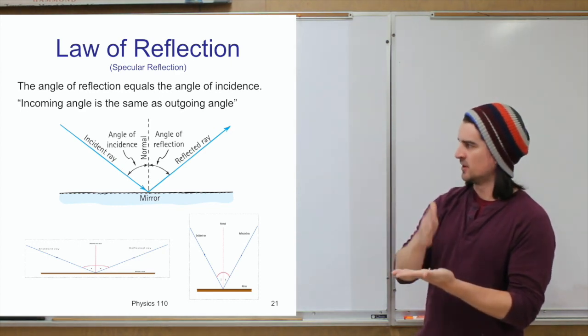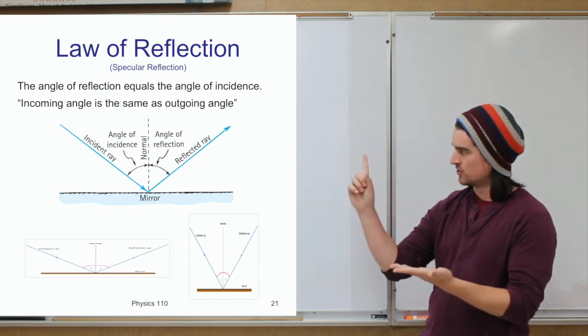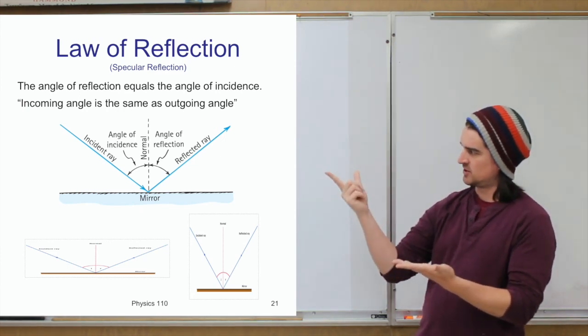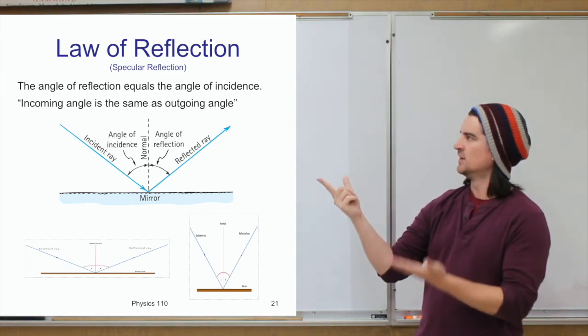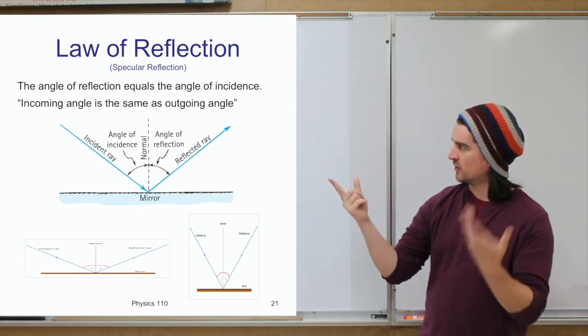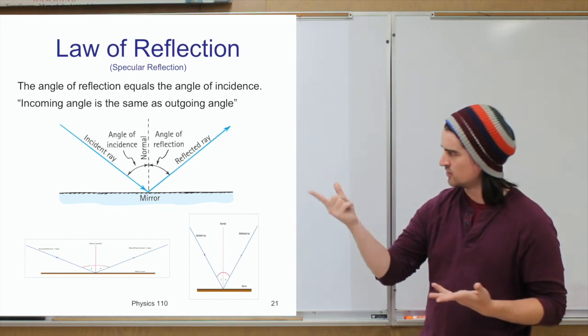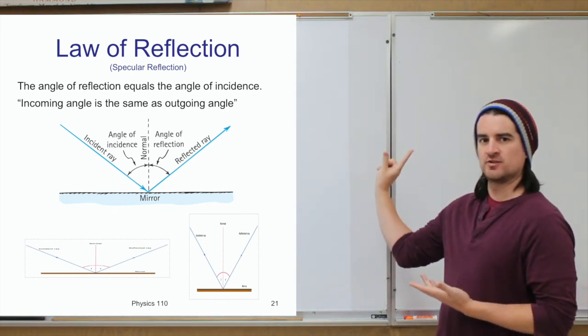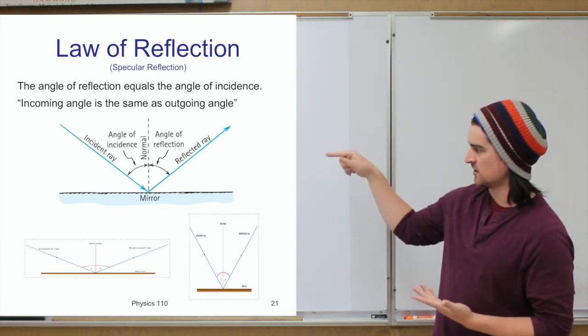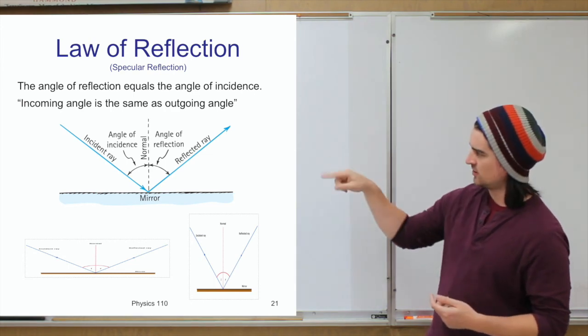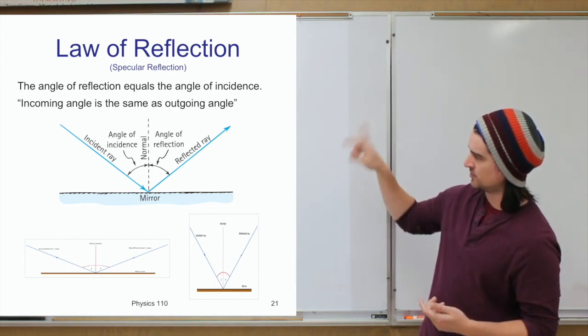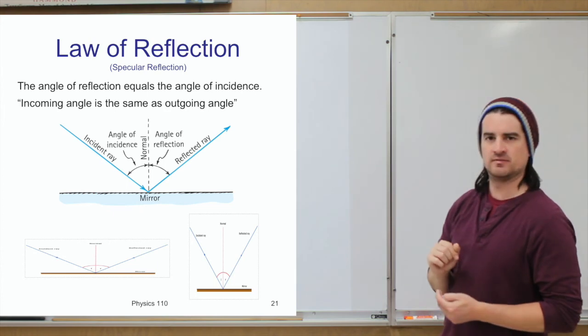So the angle we're talking about is between that vertical line and the incident ray, like this angle right here. The law of reflection says that angle is equal to the reflected angle. In this picture, the angle on the left of that normal line is the same as the angle on the right.